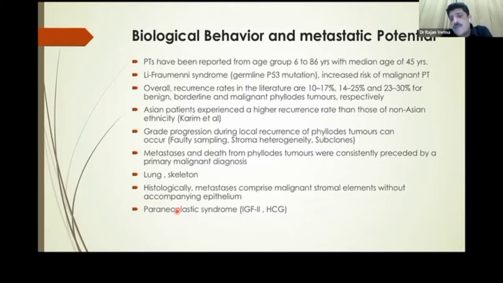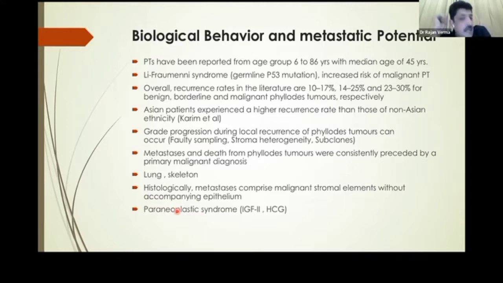Metastasis and death from phylloid tumors were consistently preceded by a primary malignant diagnosis. So the aim of diagnosing a phylloid tumor has to be to catch the primary malignant variant, or primary malignant grade, as early as possible and to eradicate or treat it properly. The metastasis usually happens in the lung and skeleton, but it can be any organ which can be involved with phylloid tumor.